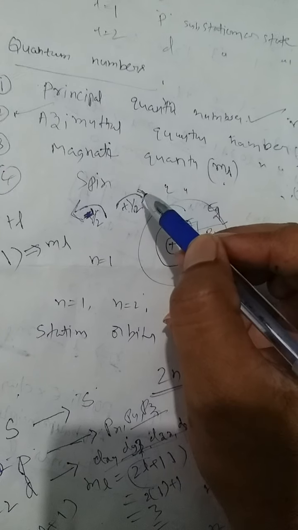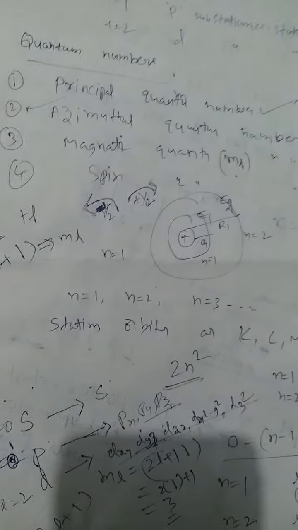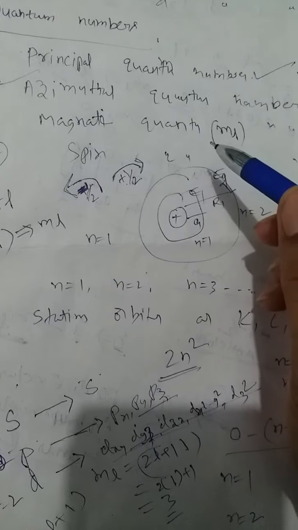The spin quantum number was introduced by Uhlenbeck and Goudsmit in 1925.